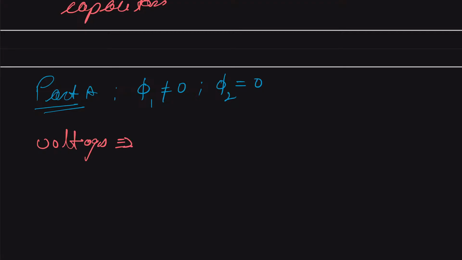For the bottom gap, V is equal to our phi 1 minus 0, which gives us our phi 1.